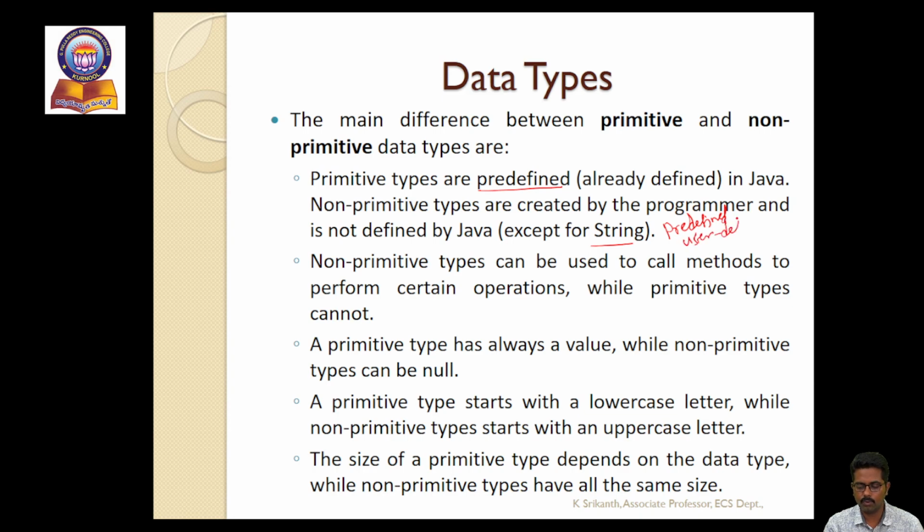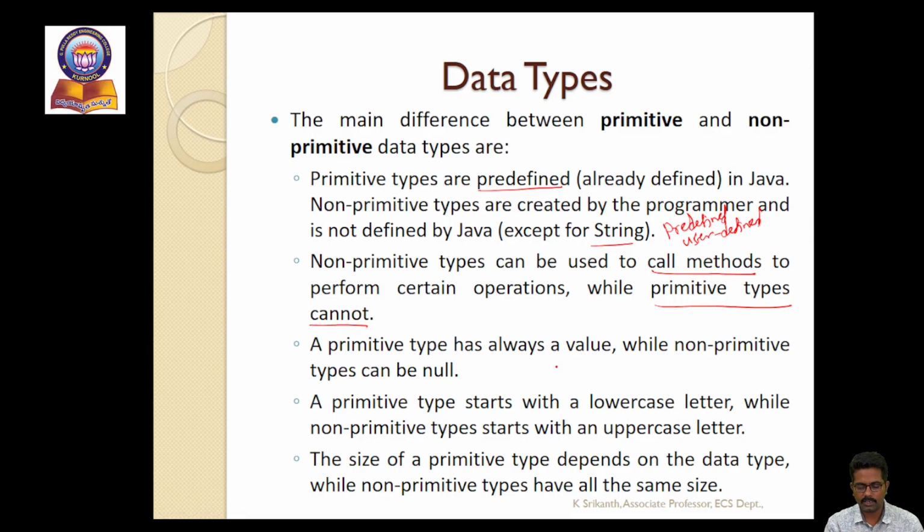Non-primitive data types can be used to call methods because they are classes, and a class consists of data and methods. So we can use non-primitive data types to call methods related to a class, while primitive data types cannot be used to call the methods.